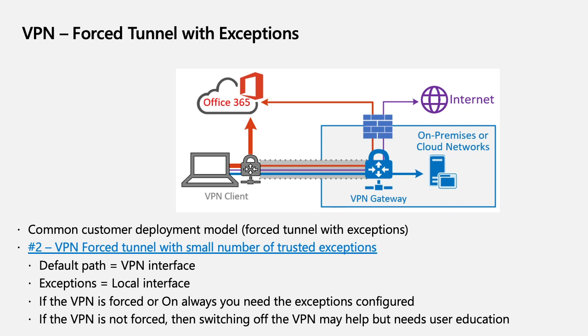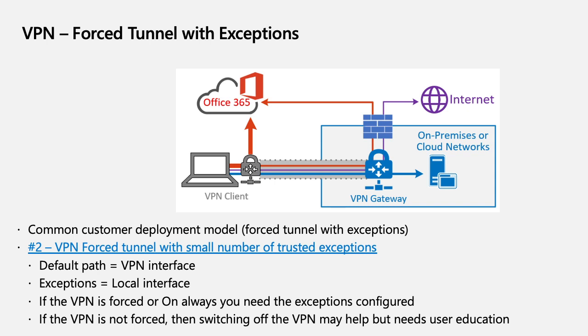In this VPN deployment model, it is recommended that you define these exceptions because if the VPN is enforced on the user or if it's always switched on, then the exceptions are necessary for the remote user to have a direct connectivity path to cloud services like Office 365 endpoints.